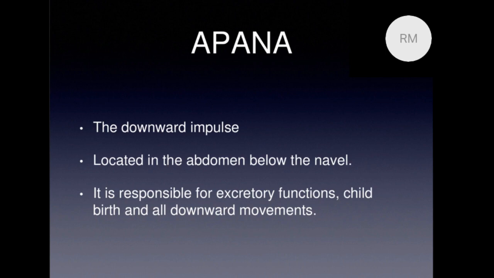The function of the kidneys, the downward impulses in the ureters, this is also the function of apana. The contraction of the urinary bladder, this is also the function of apana. The apana is also located in the sphincter of the rectal muscles.